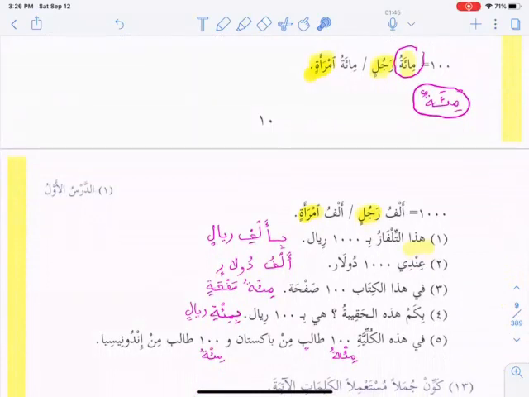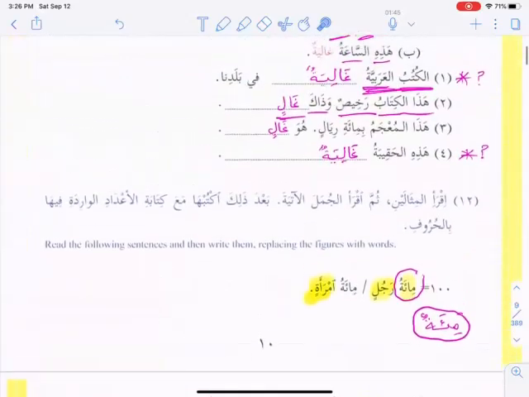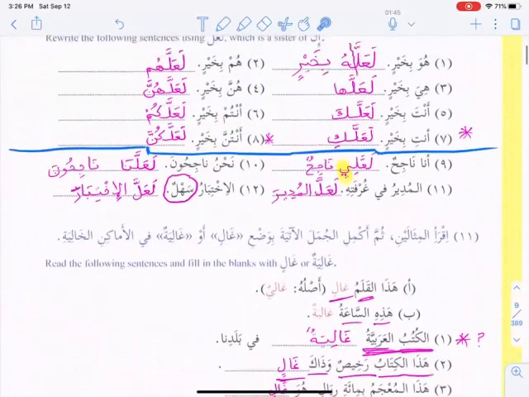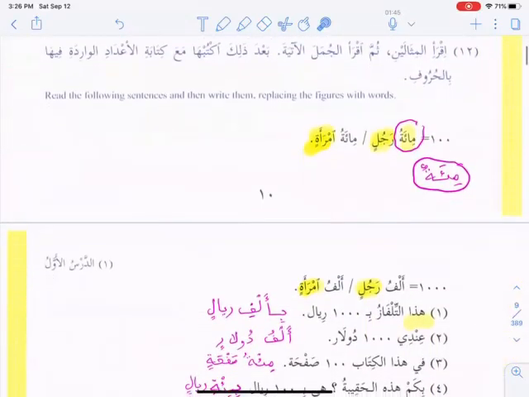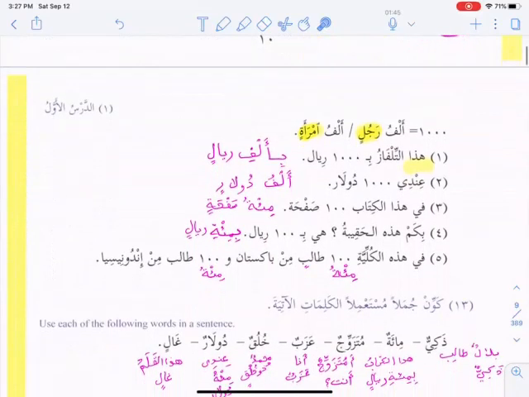Why did I write London? Was there any real reason? Dr. Abdurrahim did not write. Okay, I think it should be, if I made an error, please forgive me. It should be Miyatu like this.